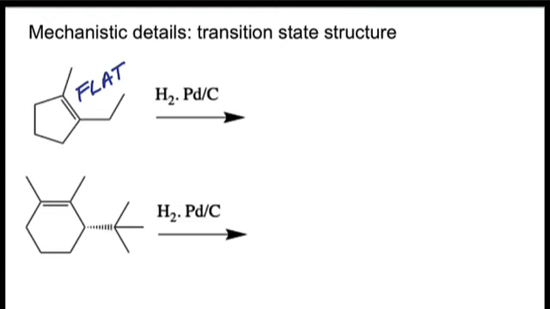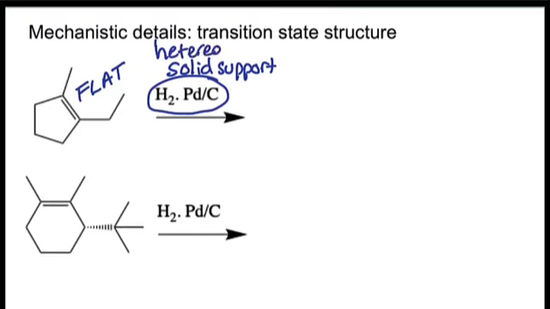So remember that these alkenes are flat, all right? And this reagent that we're using is a heterogeneous catalyst. Heterogeneous means that this is on a solid support, and the sample above it is in liquid.